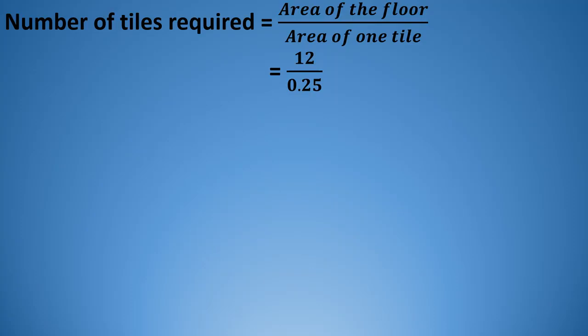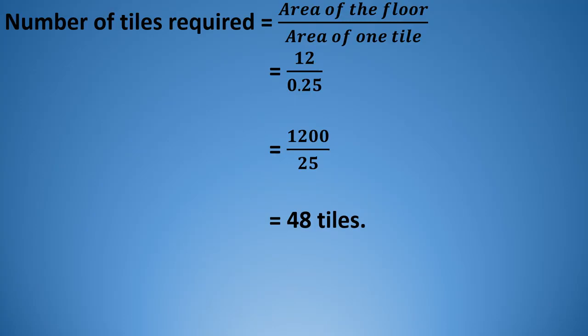So, with 12, we will write 2 zeros. Remove the decimal from the denominator. After the decimal, there are 2 digits, so we will apply 2 zeros in the numerator. So, 12 will now become 1200 divided by 25. And when you divide, you will get 48.